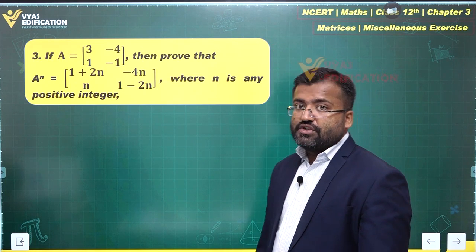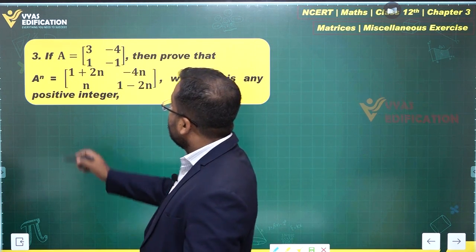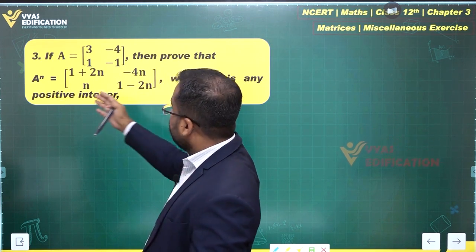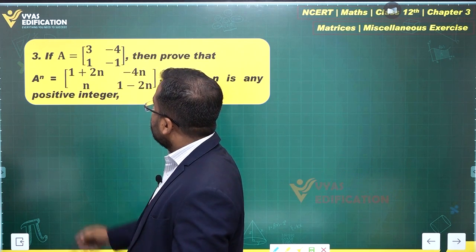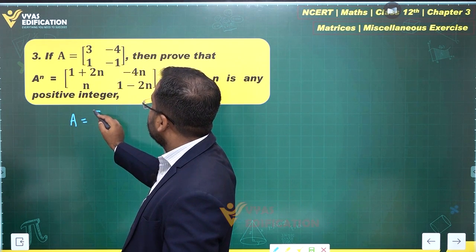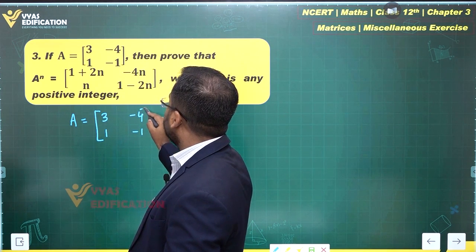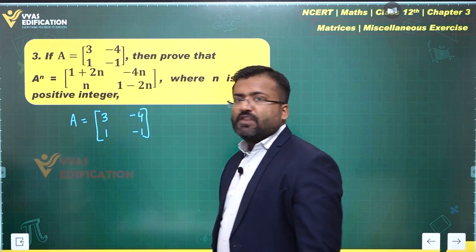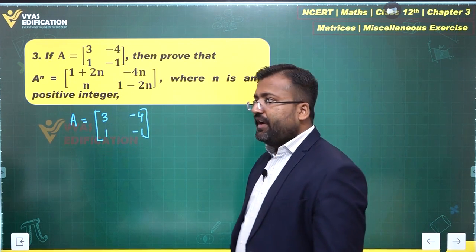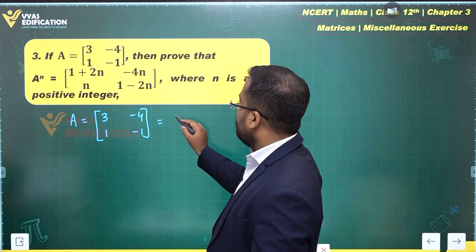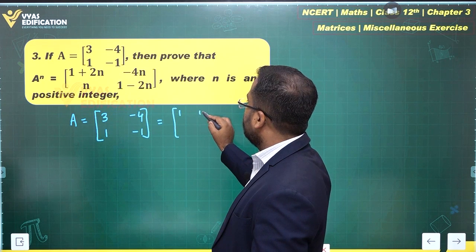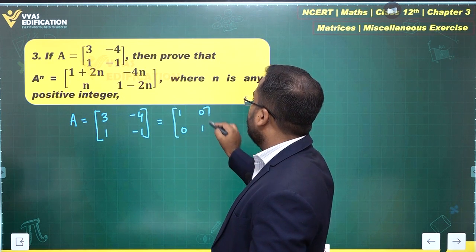What is that shorter approach? Let's see. We want to prove that A power n equals this. So, given A equals 3 minus 4, 1 minus 1, can you write A as sum of 2 matrices? One of them is 1, 0, 0, 1.